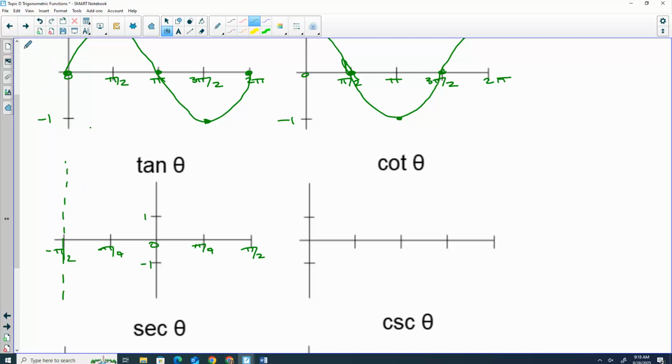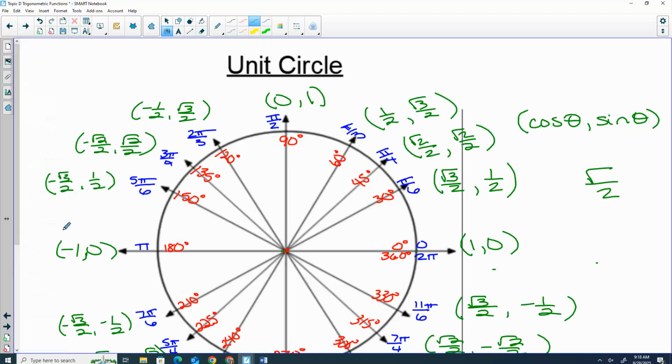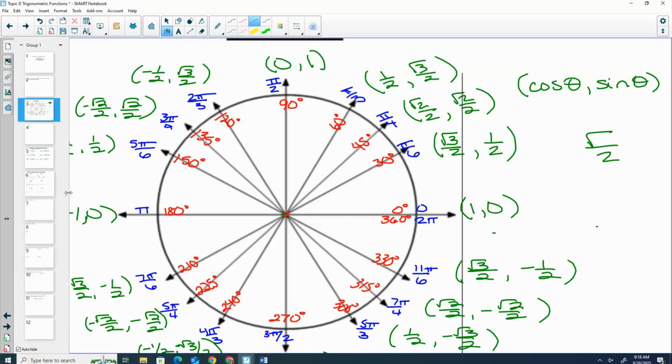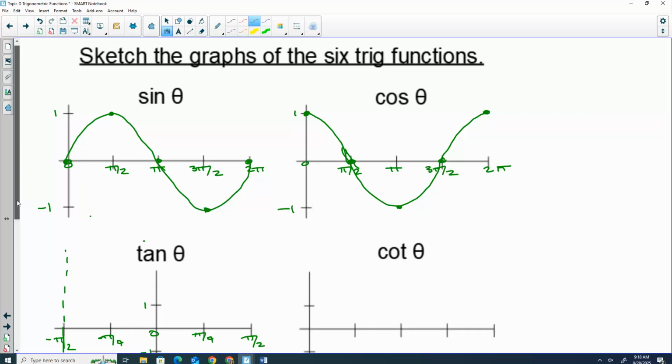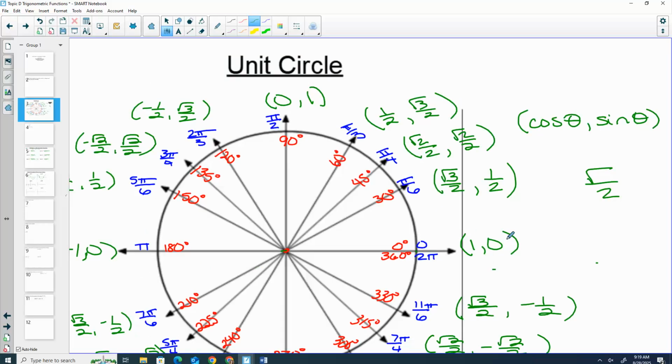At negative pi over 4, that's the same thing as 7 pi over 4. If you do sine divided by cosine, we just get negative 1. Look at 0. 0 divided by 1 is 0.